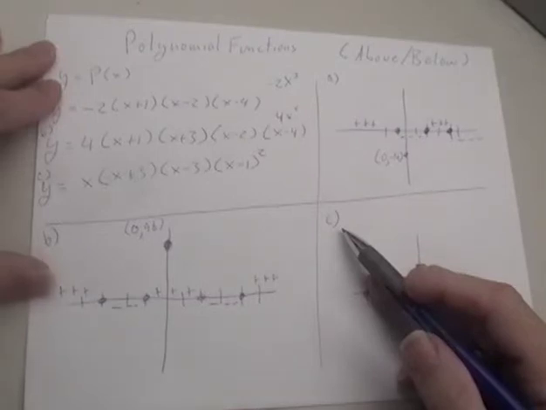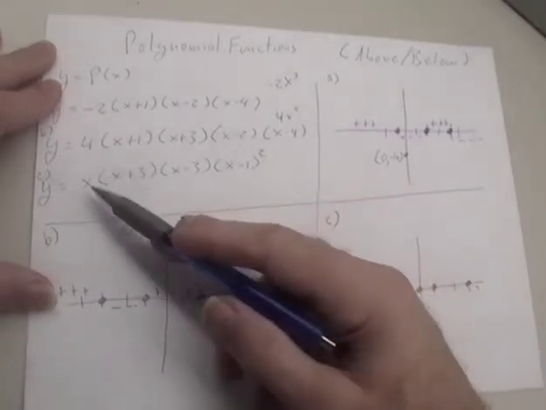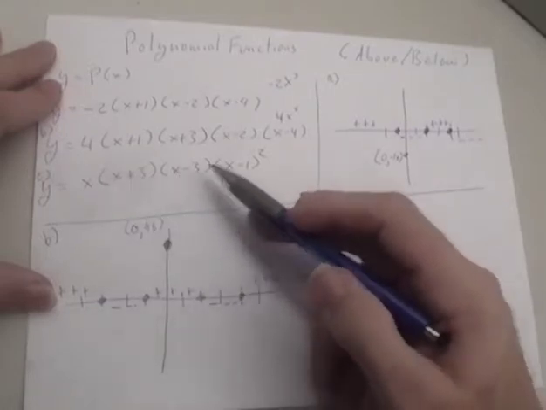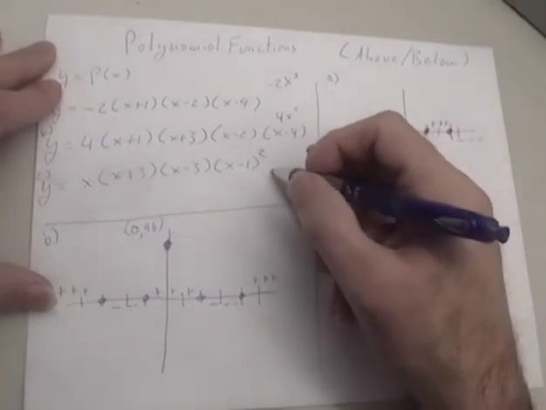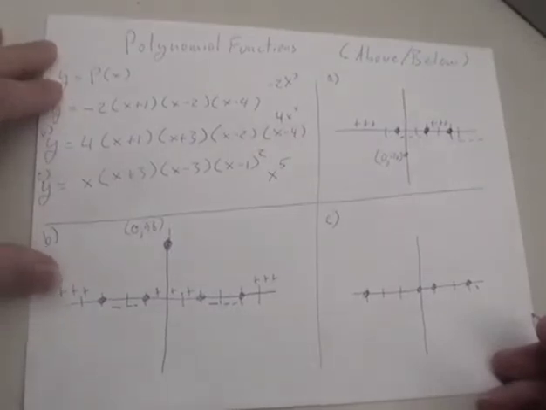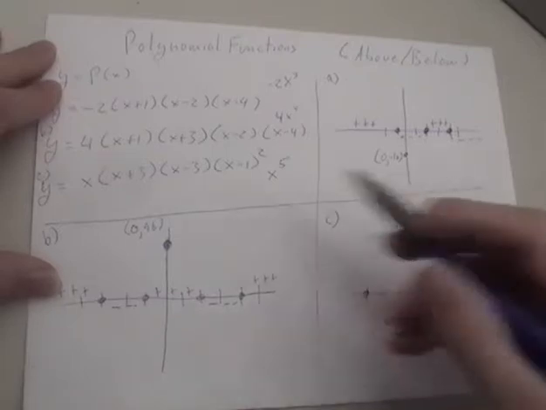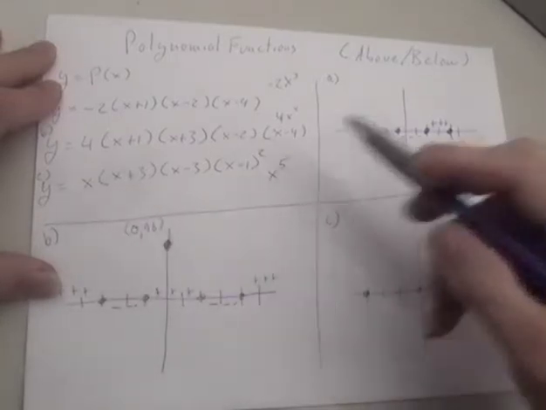For C, here I've put in a second order. So if I'm looking at powers of x, I would have x times x times x. This would be an x squared. So my lead term will look like an x to the 5th. As for the y-intercept, this is a case where it goes through the x-axis. If x is 0, then the lead term is 0, which makes the whole thing 0.